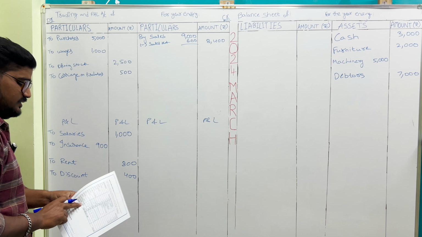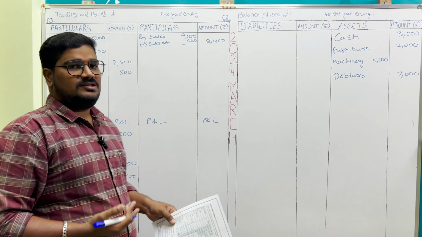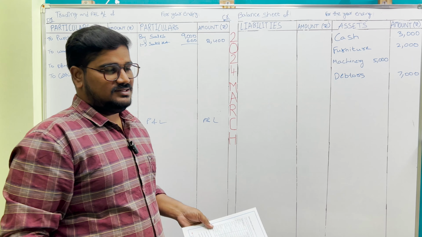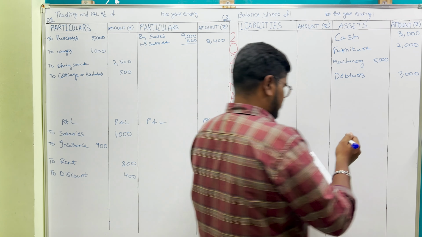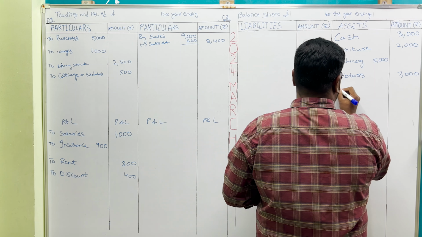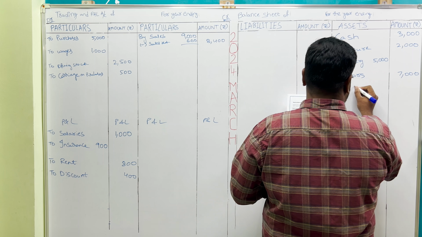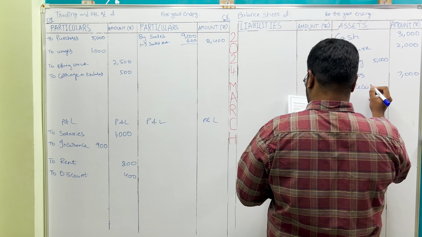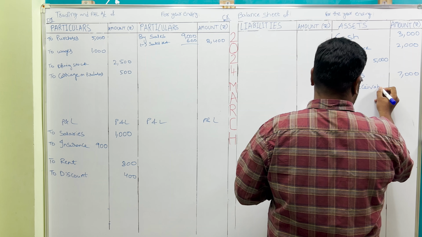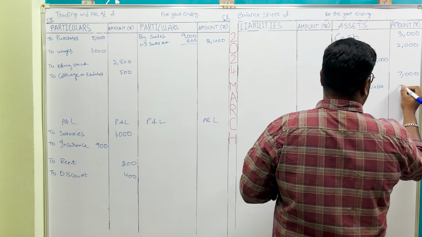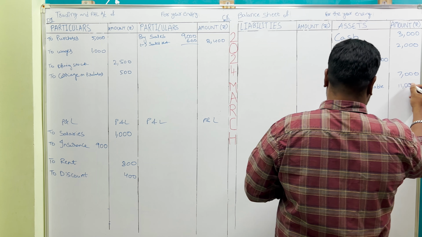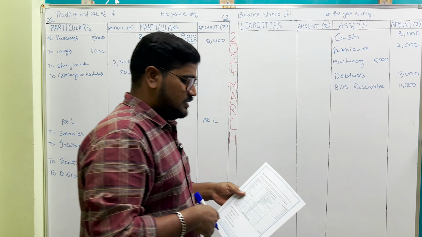Next, bills receivable is an asset, payable is a liability. Bills receivable 11,000. We are done with the debit side items.